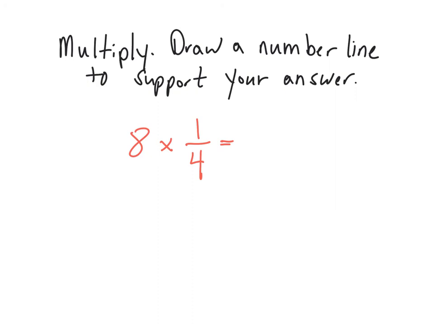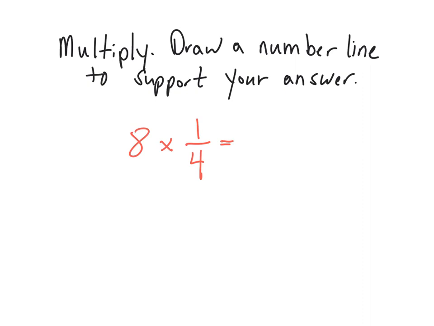Well, thank you, my Fortnite friend. I hope he made you feel like you can become a champion and survive this math. Multiply, and then draw a number line to support your answer for 8 times 1/4. And I want to see your work tomorrow, or my Fortnite friend will eliminate you from the game.